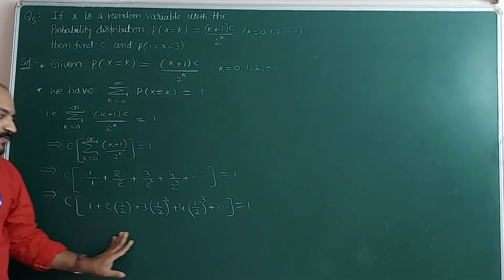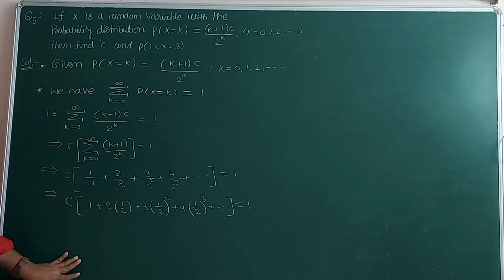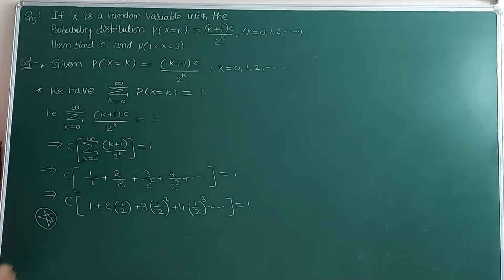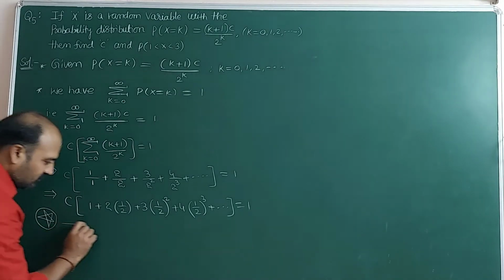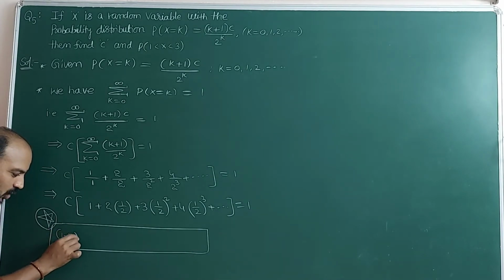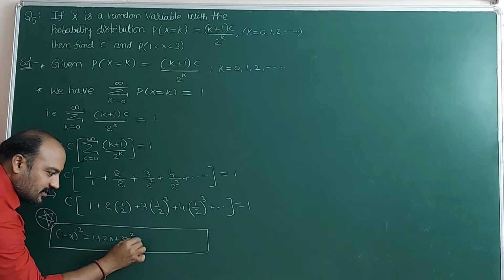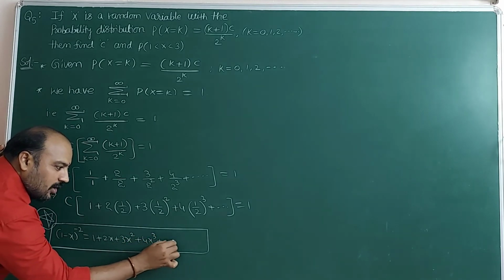After that, can anyone tell what this bracket value is? Observe carefully, dear students. It is there in Maths 2A only, in the binomial expansion. It's very important. The result I am going to write is: 1 minus x whole power minus 2 has the expansion 1 plus 2x plus 3x square plus 4x cube plus and so on.